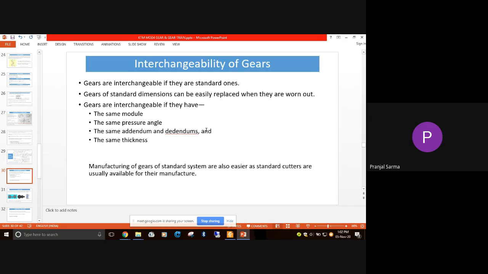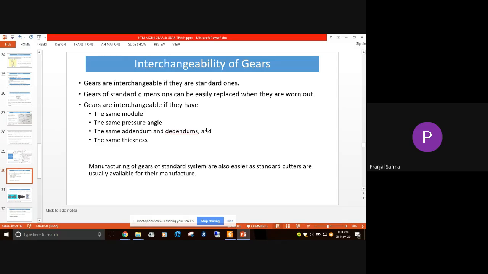If you follow the standard system of gears, which you will also come across in your machine design, then even the manufacturing of the gears becomes very easy, because we already have the standard cutters and setups available for manufacturing.